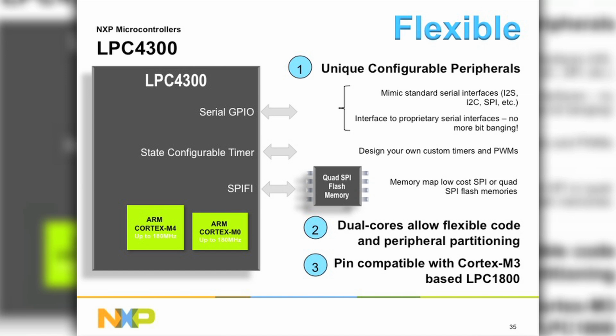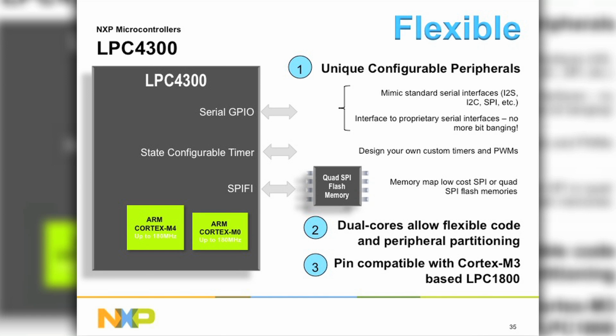Well, the serial GPIO gives you some shift registers attached to dedicated GPIO lines that allows you to configure it to basically be that interface. So you can avoid bit banging, and you can interface to any non-standard interface. We give you up to 16 lines, so it could be a 1-bit, 5-bit, 8-bit, or 16-bit interface if you choose to.